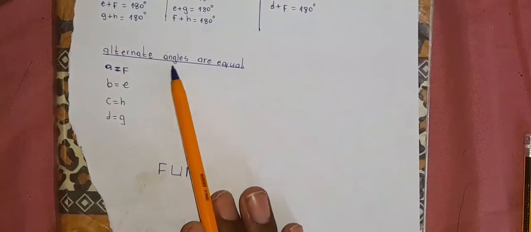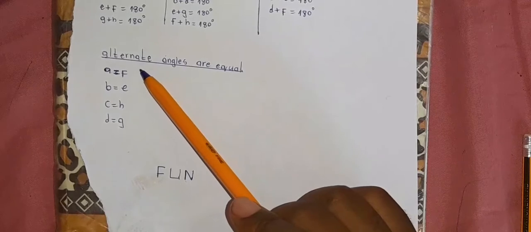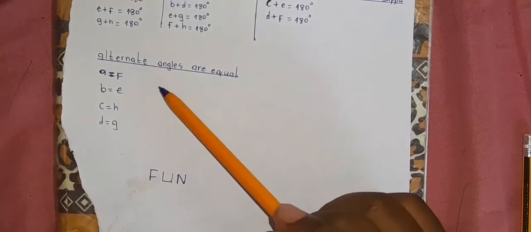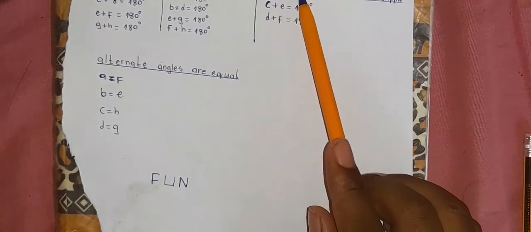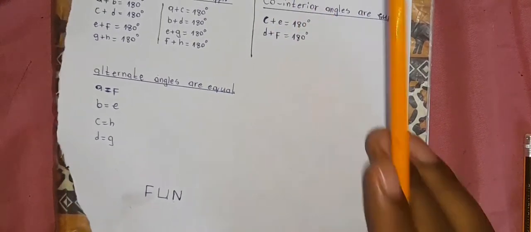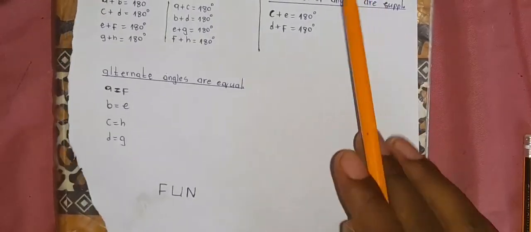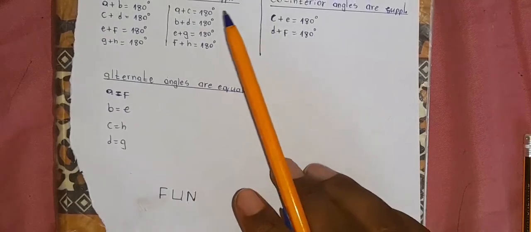alternate angles. Some say it's an F shape, which I believe, and yeah, it's an F shape. This here they say it's the U shape. For co-interior, they say it's U shape. And let's go to alternate angles. They say they make the Z shape.